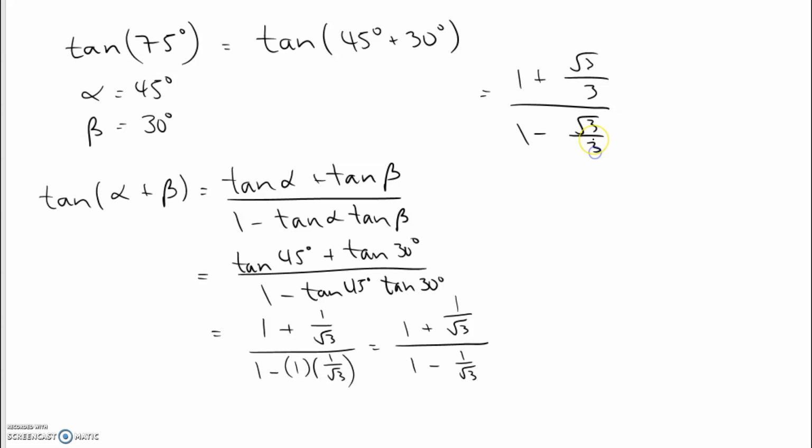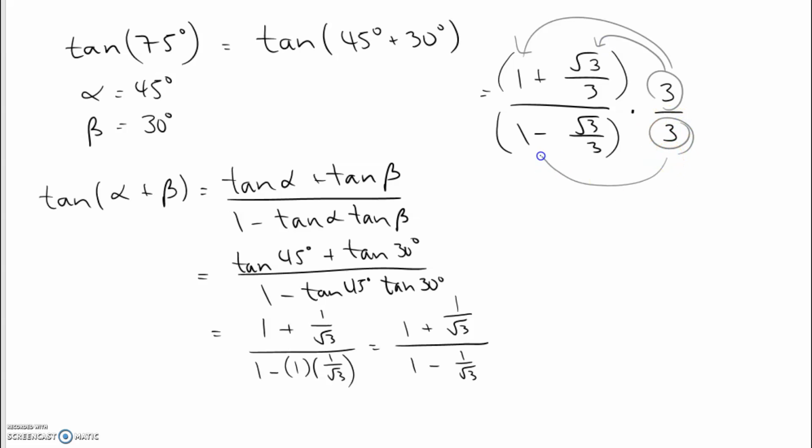Now what I'm going to do is get rid of this 3. So I'm going to multiply the top and the bottom by 3. So 3 times 1, then 3 times the square root of 3 over 3, the 3's will cancel.